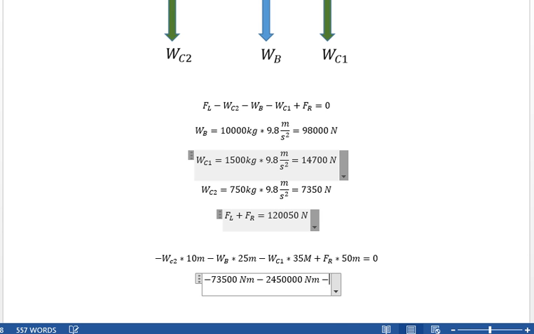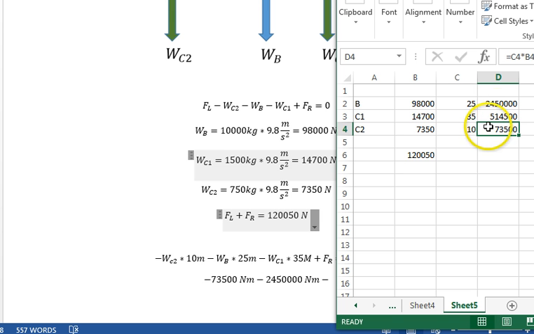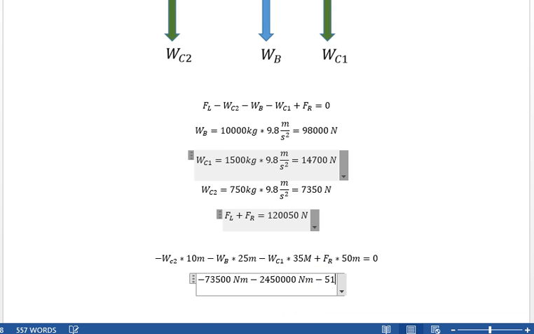Minus the torque due to car 1, 514,500 newton meters. Plus FR times 50 meters equals 0.